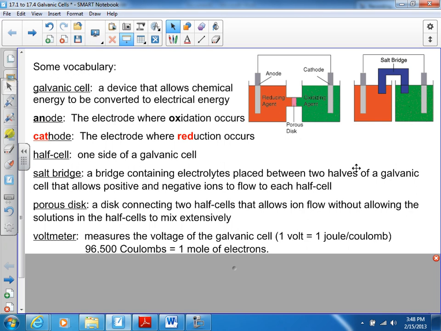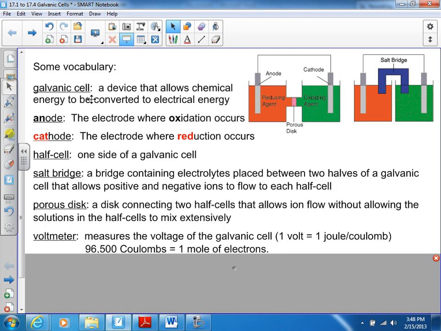There are two ways to set up these galvanic cells. One, you have a porous disc in between the two different containers. Another way is a salt bridge between the two containers. Something has to connect the two containers so that the ions in the solutions can move from one side to the other.